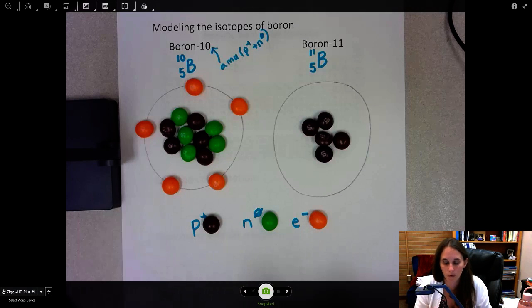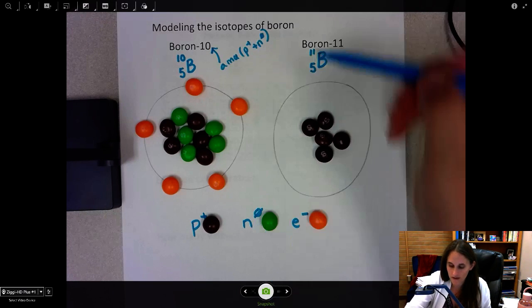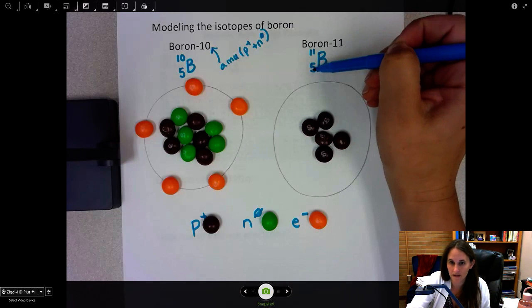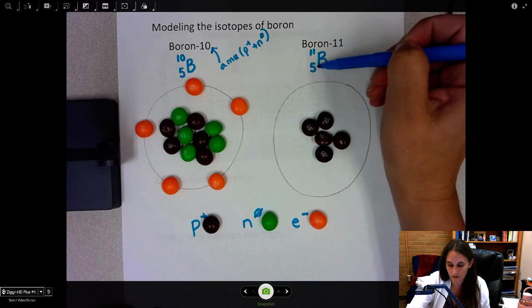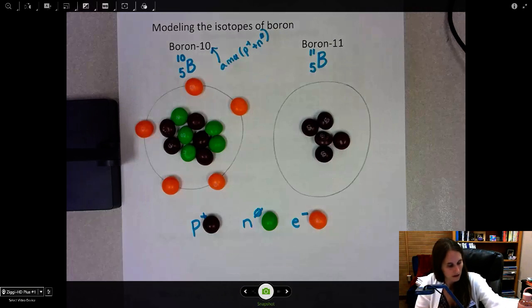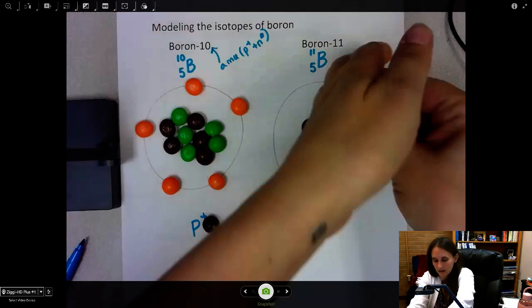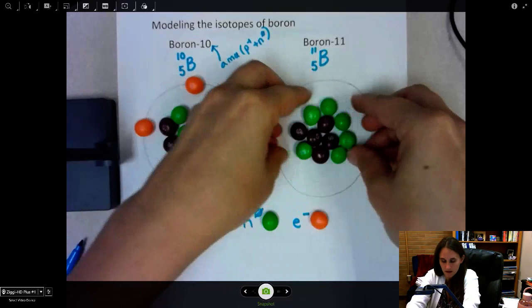It's heavier by 1, and that's because it has 1 more neutron. So to find the number of neutrons, I'm taking this mass number, which is the sum of the protons and neutrons, and I'm subtracting the atomic number, which I found on the periodic table. So 11 minus 5 is 6. So I have 6 neutrons, which I'm going to mix up here to make my nucleus.